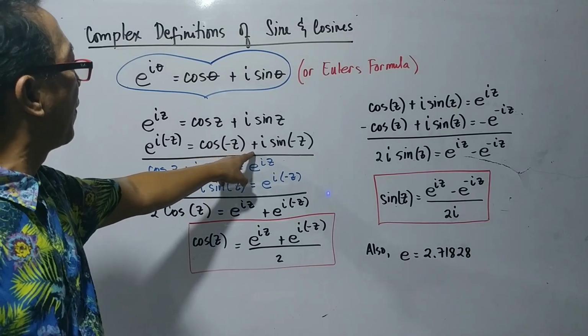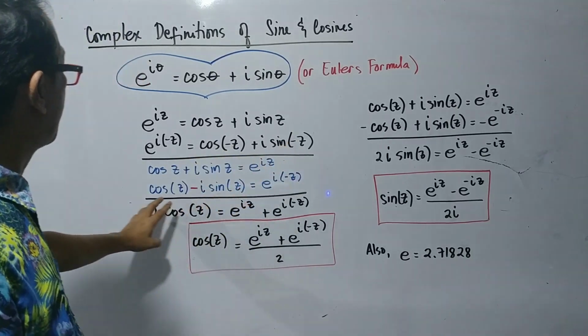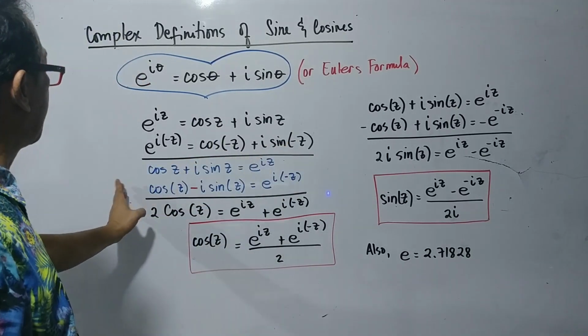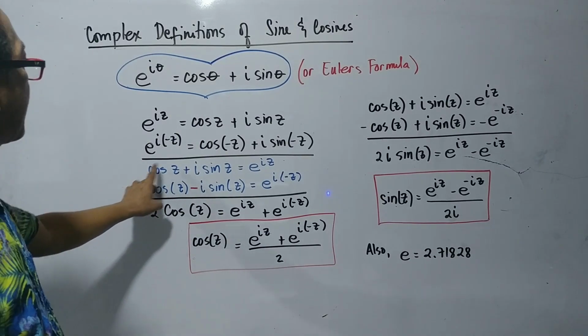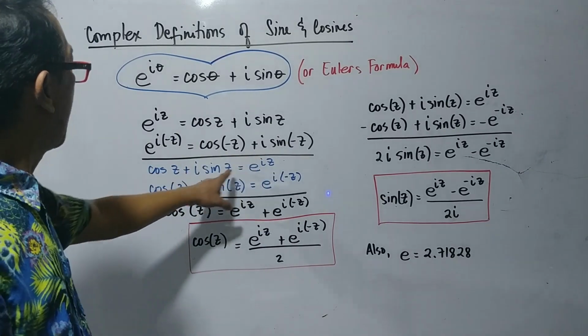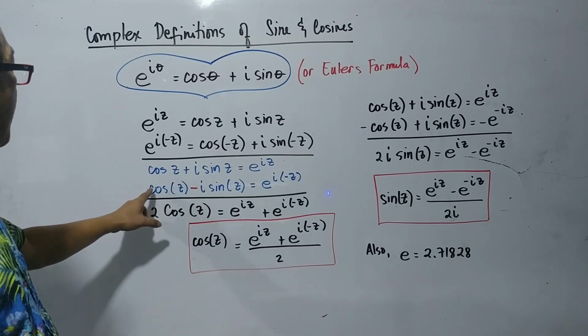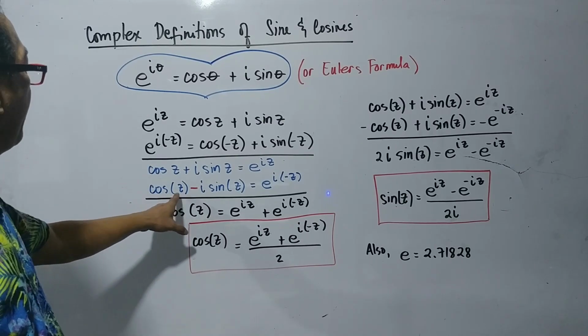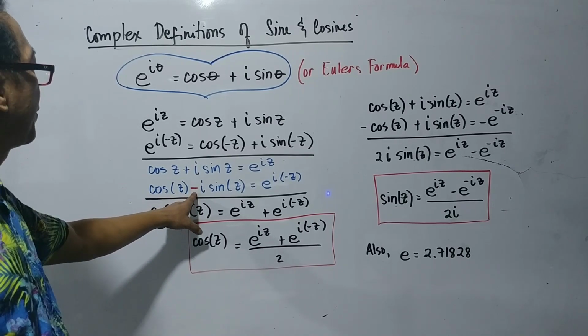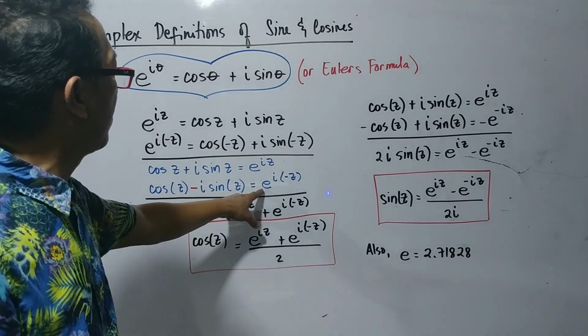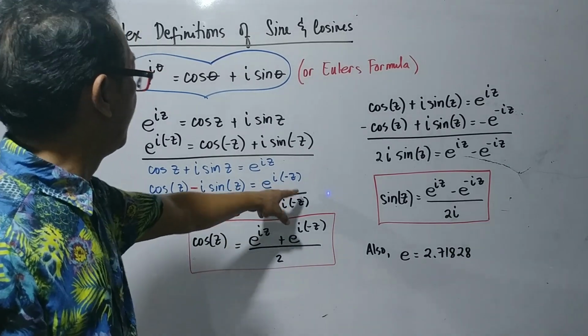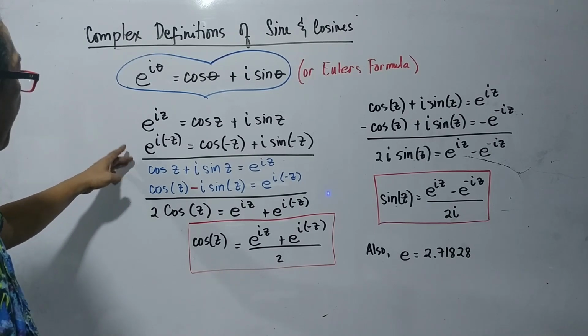is equal to the cosine of negative z plus I sine of the negative z, when you transpose this and using the negative sine of the angle, you have now the cosine z positive now, but you have negative I sine z equals e to the I of the negative z. Then you add.